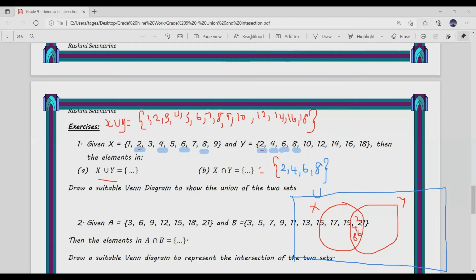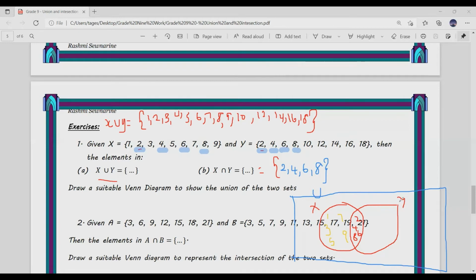Now the elements in X, we have 1, 3, 5, 7, and 9.